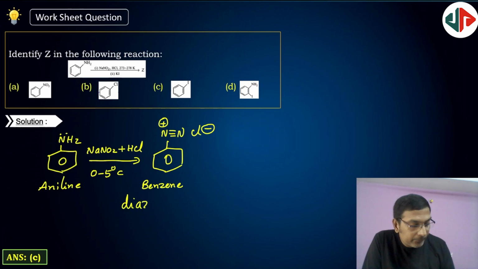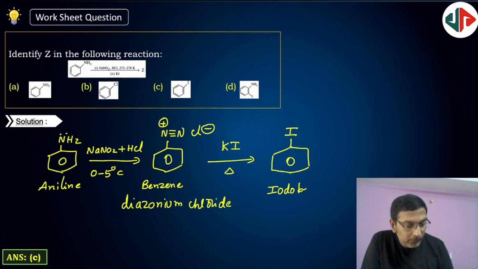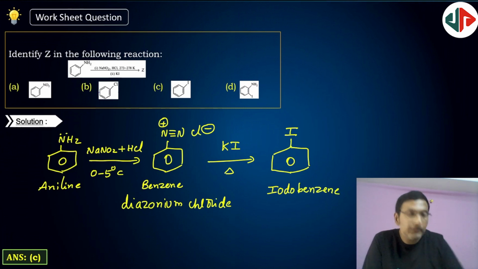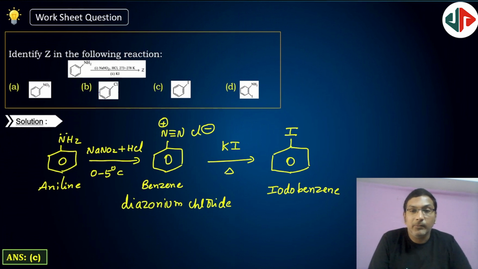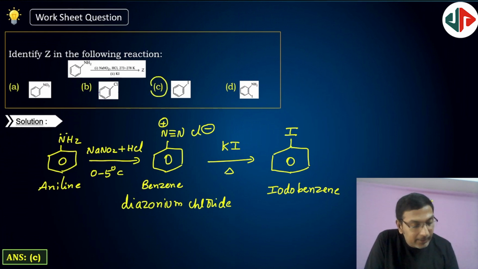Next, which on reaction with KI under heat, it gives iodobenzene. So the best method to prepare haloarenes, iodobenzene. So option C, iodobenzene.